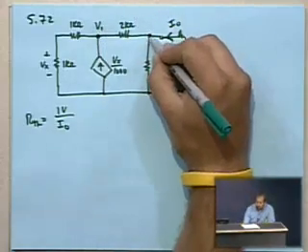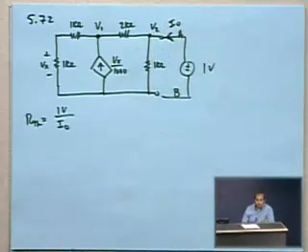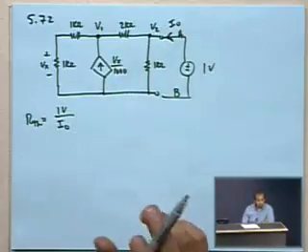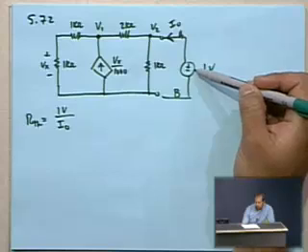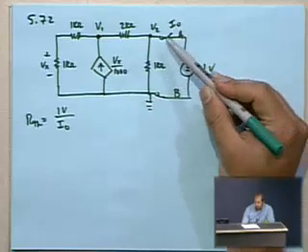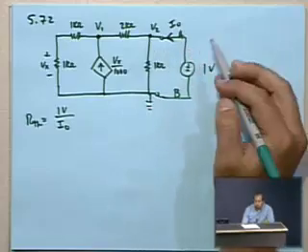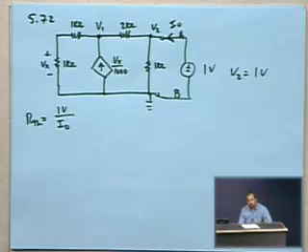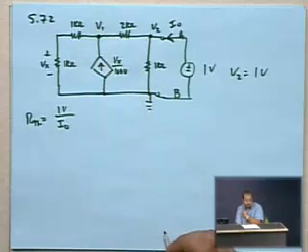Because we could write an equation at V2, but regardless of whether there's 3 branches hooked out of it or 18 branches, it's hooked up directly between the reference node and a voltage source. So V2 in this case is 1 volt, and so we don't really need to write a node equation there. So we can just start writing the one equation at V1, which should make our life somewhat easier.